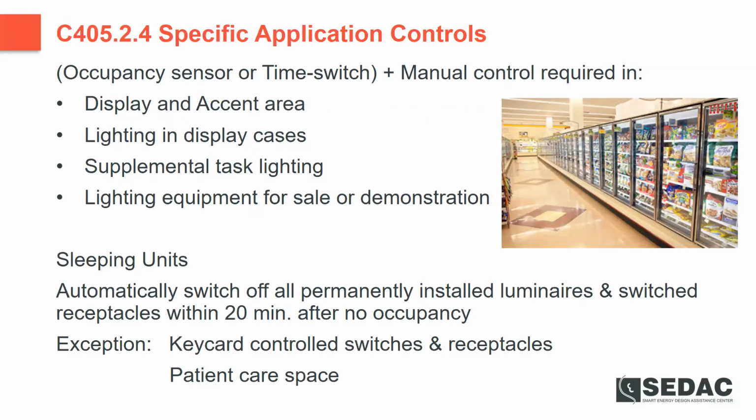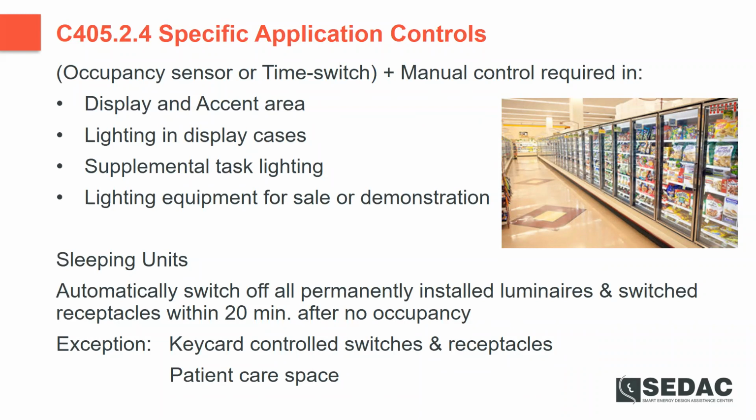So these are some specific areas that the code calls out for having controls in addition to your general area lighting controls. And so these can either have occupancy sensors or occupant sensing devices or time switch controls.